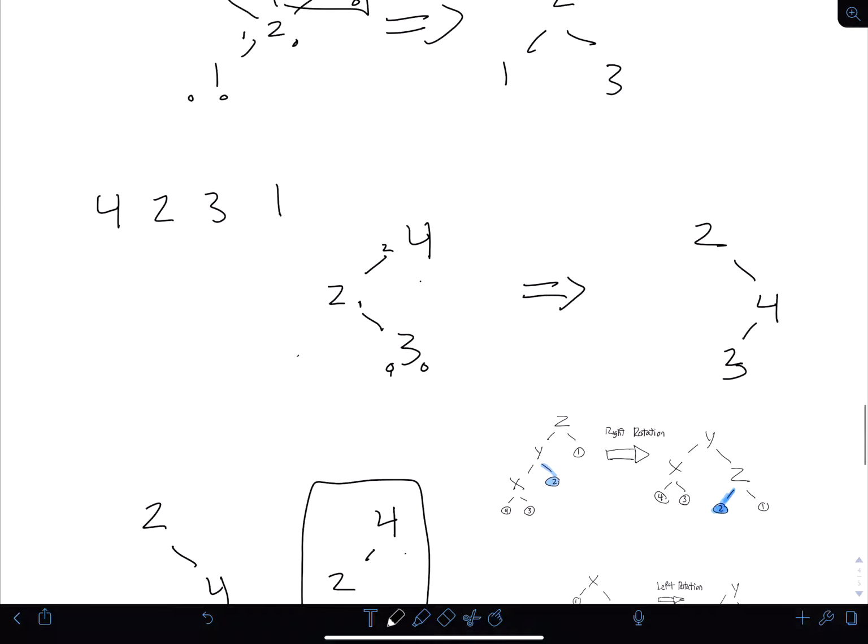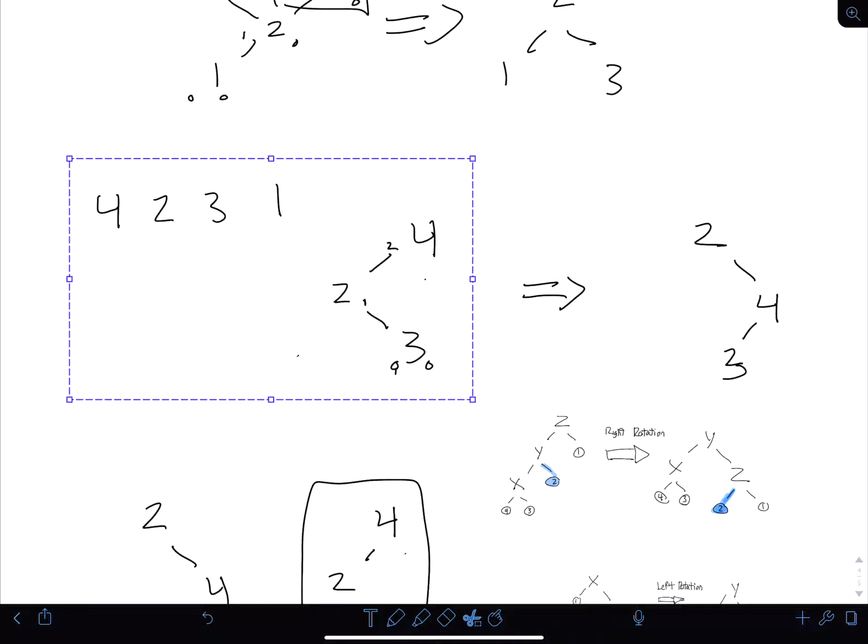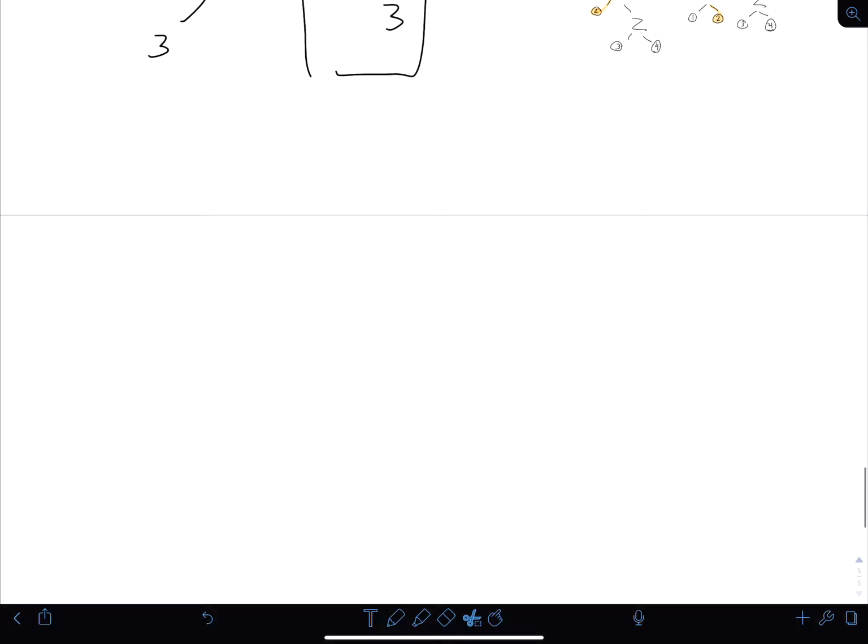So that was our original one right here. But before I show you the rotation, just from a conceptual point of view, what do you think I should do to fix this?